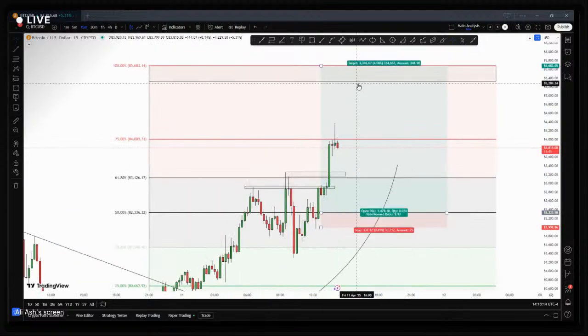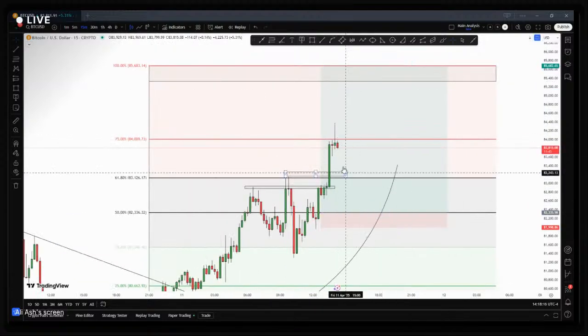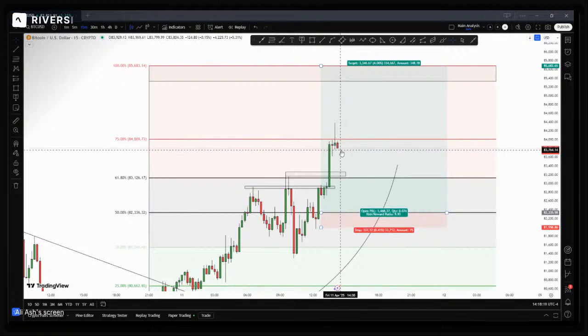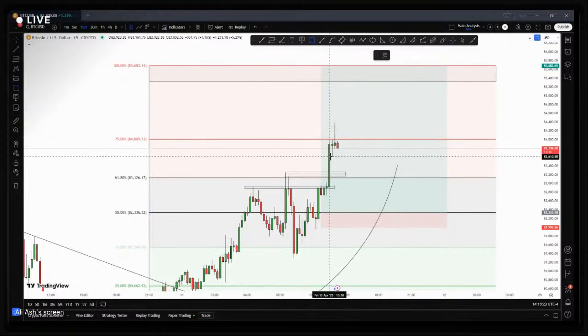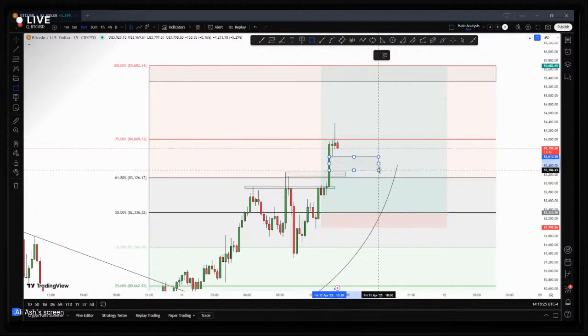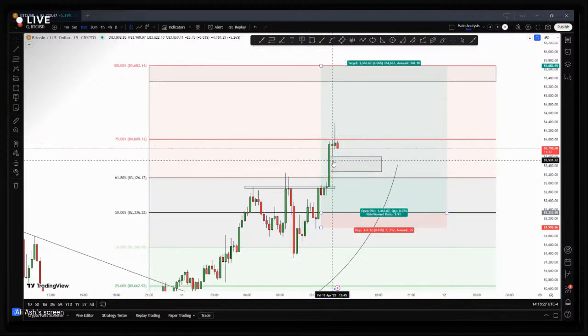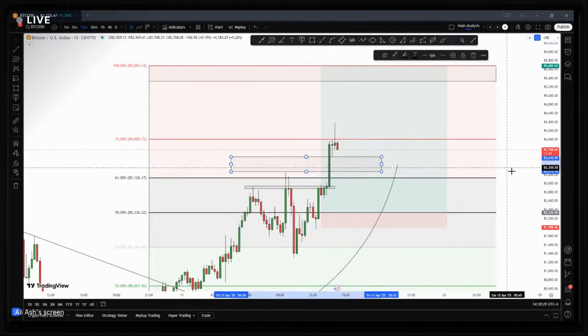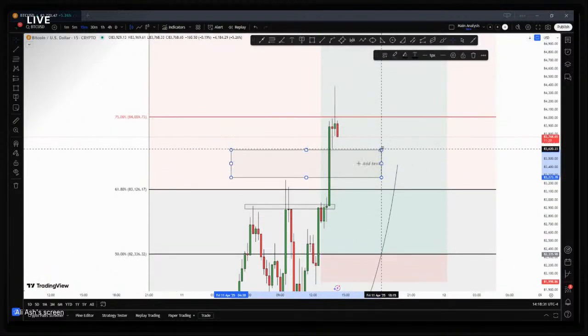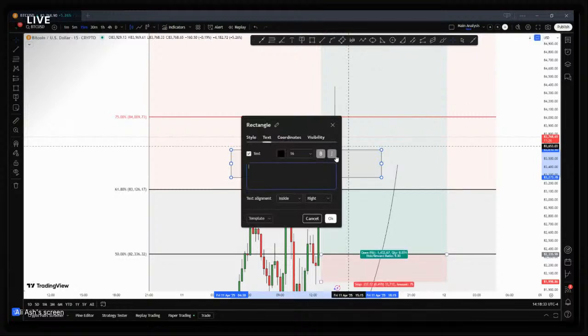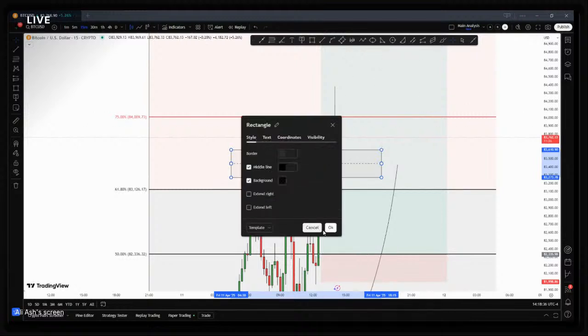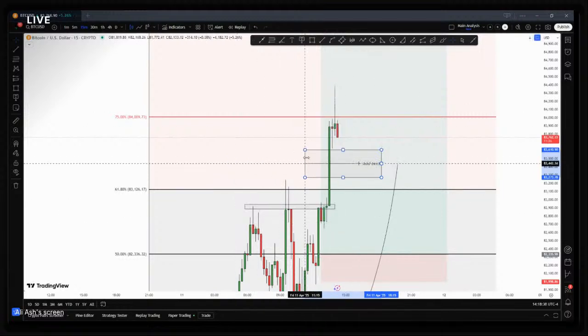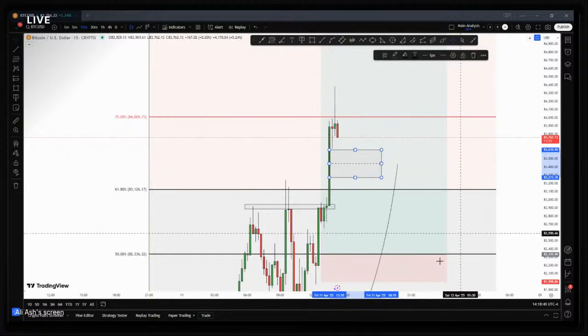As far as the candlestick pattern is concerned, we have the evening star, well, not quite an evening star, but we do have a hammer. So this is the FVG that we have. You can also target the middle of this FVG. Right now the market is trying to target this and will retest.